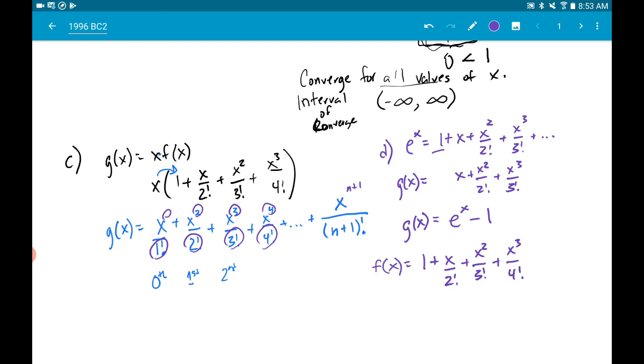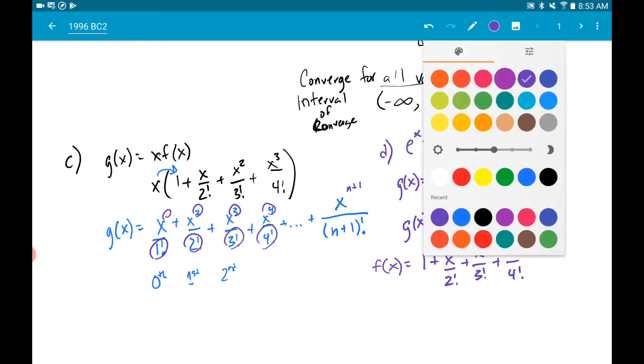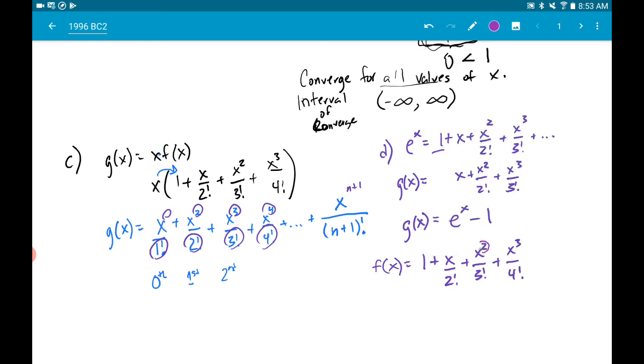So it looks like everything's off by like a power of x or something. So with f of x, you have that these don't match up. And with g of x, you have this. So I think you could take f of x and say that it looks like g of x, but you're dividing by x, so you'd have something like this.